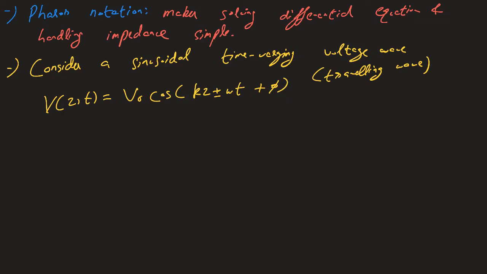Now we know that we can write this exactly like the real part of a complex exponential, where the complex exponential is just V naught e to the i of kz plus or minus omega t plus phi, right? Nothing new here. And the real voltage is just the real part of the complex exponential voltage.